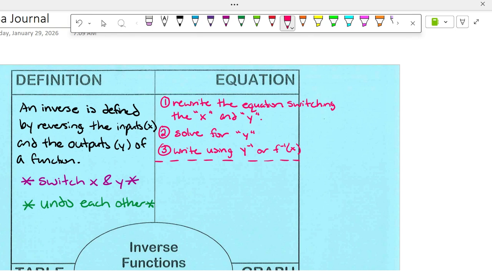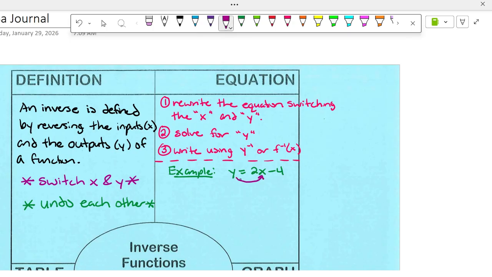All right, now let's do an example. So we're going to start with the function y equals 2x minus 4. So this is a pretty basic inverse equation example. So first step is literally switch x and y.